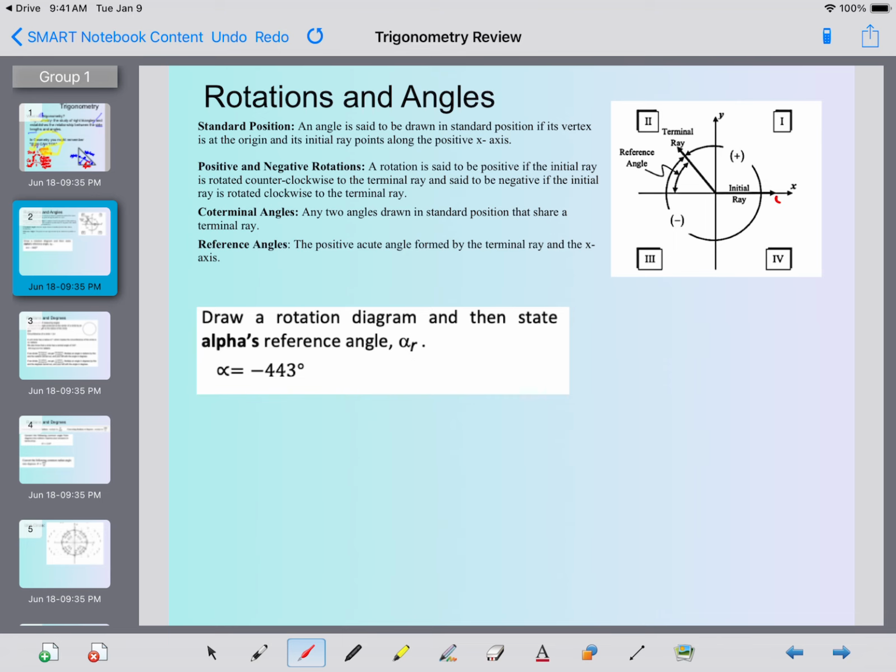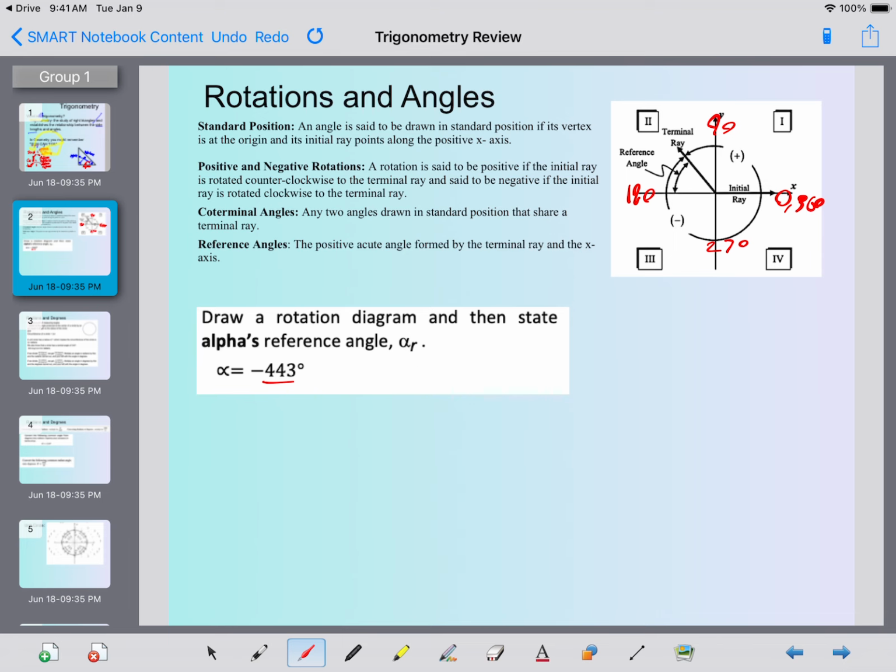Now, this is 0 degrees, this is 90 degrees, this is 180 degrees, this is 270 degrees, this is 360 degrees, right? Does negative 443 degrees fall within any of those quadrants? Well, we know from coterminal angles that it will land there, but is it in between any of those numbers?